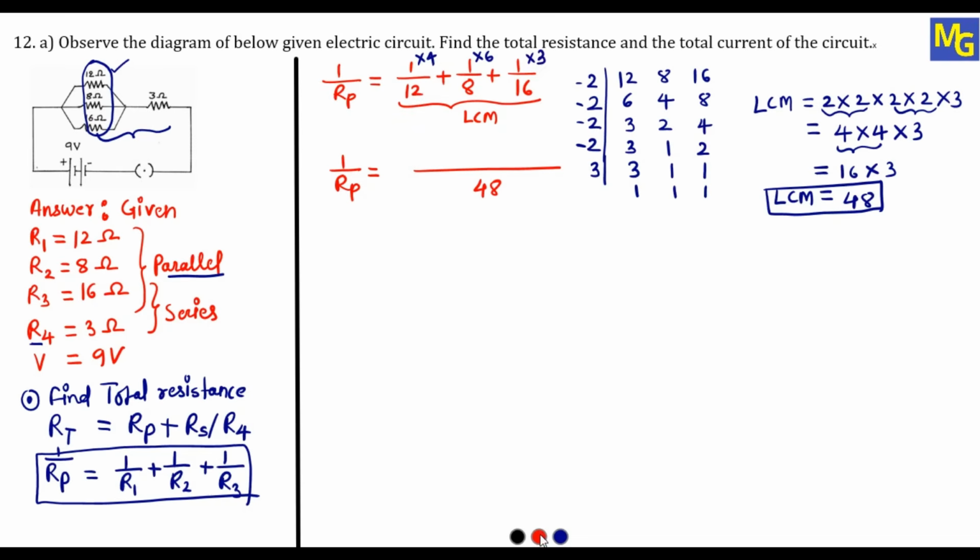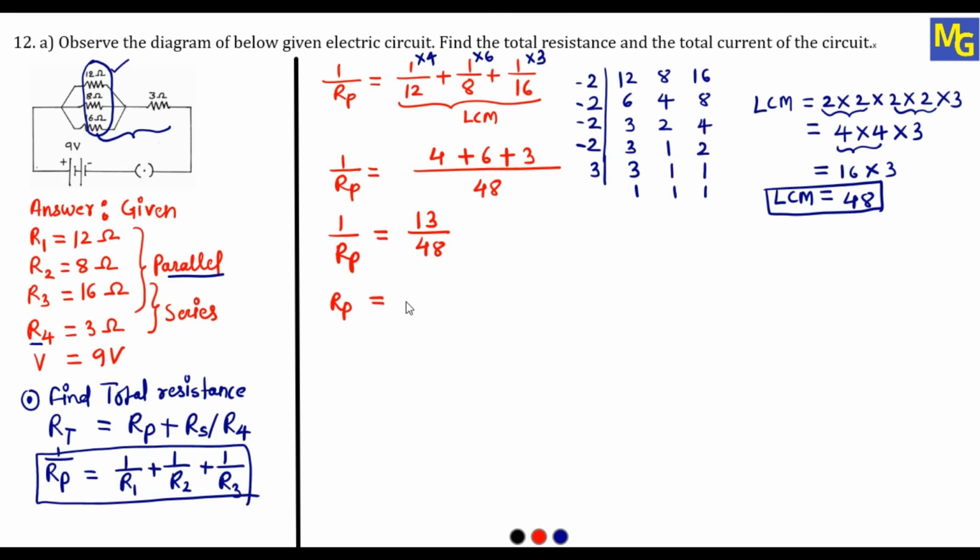So now calculate, here it will be 4 plus 6 plus 3. 6 plus 4 is 10, 10 plus 3 will be 13. So 1 by RP is equals to 13 divided by 48. Now it is 1 by RP, so reverse this, and we will get the value of RP.